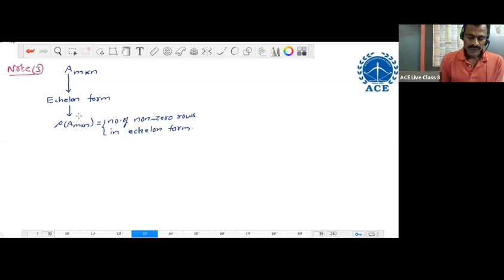This is the method of reduction. But to reduce the matrix A into echelon form, we should apply elementary operations.